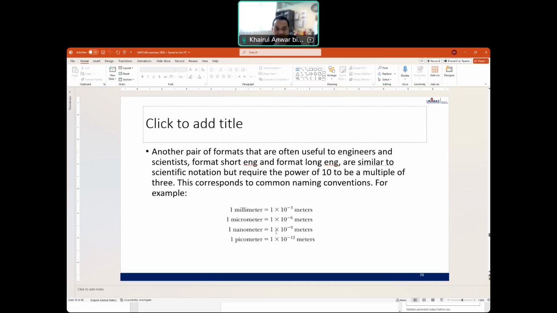Another pair of formats that are often useful to engineers and scientists is format short ENG and format long ENG. Similar to scientific notation, but they require the power of 10 to be a multiple of 3. This corresponds to engineering naming convention, for example.